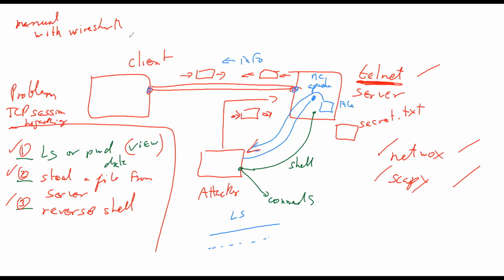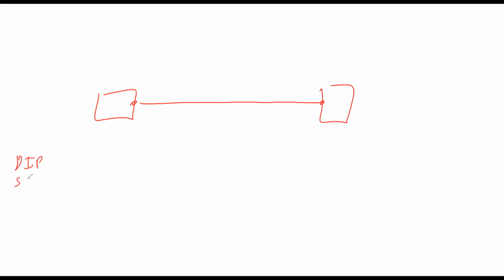So now what's the challenge? The challenge is that we have that scenario. We defined already that a TCP session is established by basically the destination IP and source IP, so we could say the client and server IP, and the client and server port numbers.